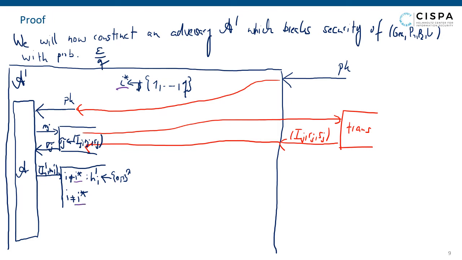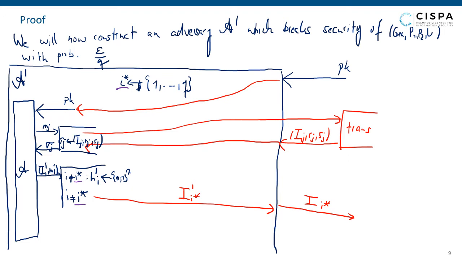then we do the following. First, we take this I prime, let's call it I asked, and output it as our first message in the challenge protocol.